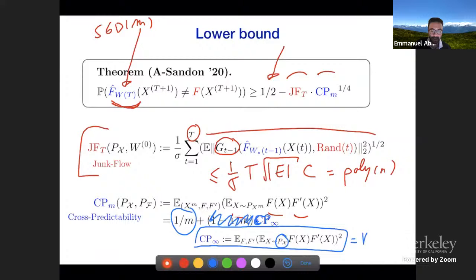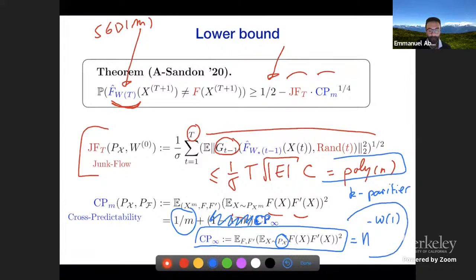It can definitely be decaying faster than any polynomial. That's, for example, the case if you take k-parities where k is growing with n. So clearly, because the jump flow must be polynomial at most, and because the cross predictability infinity can be super polynomially small, if you take your n here to be a large enough polynomial, then this quantity will smash down the jump flow and this tends to half.